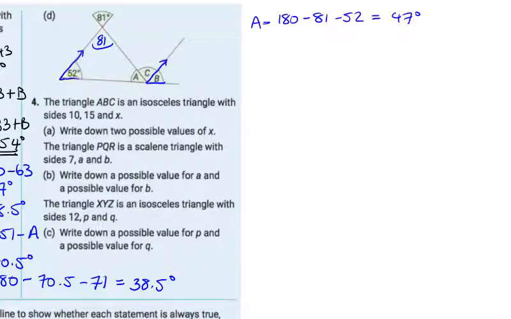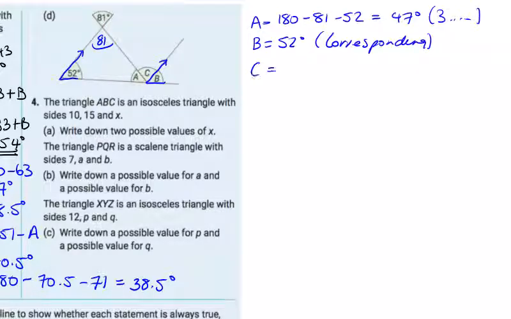You can see here it's on the same side. So B is equal to 52, and you'd write corresponding. I'll write the whole thing corresponding. You could write triangles in the triangle up there if you were in an exam. And that just leaves us with C is equal to 180 minus A minus B. So C is equal to 180 minus 47 minus 52, which is 99. That leaves C to be 81 degrees.